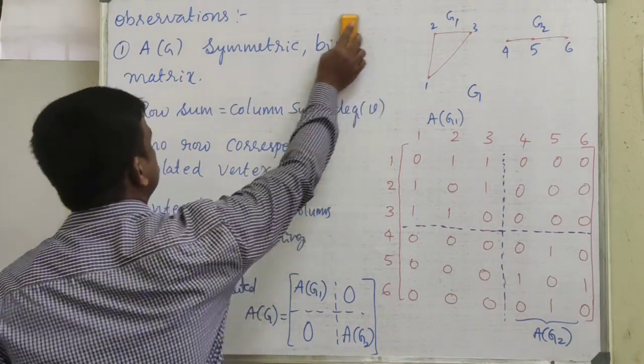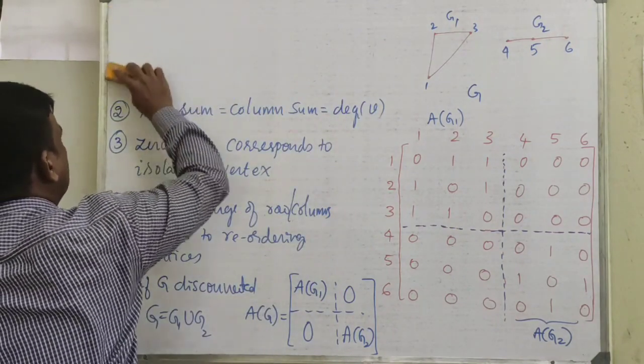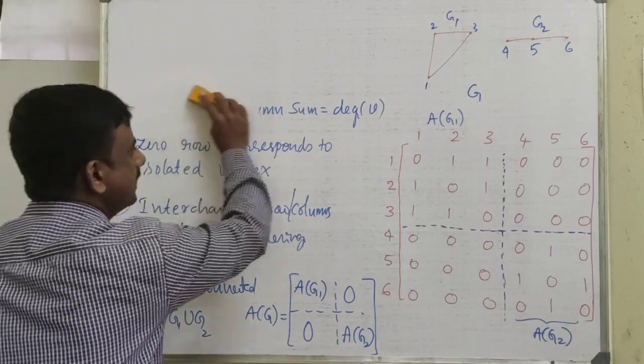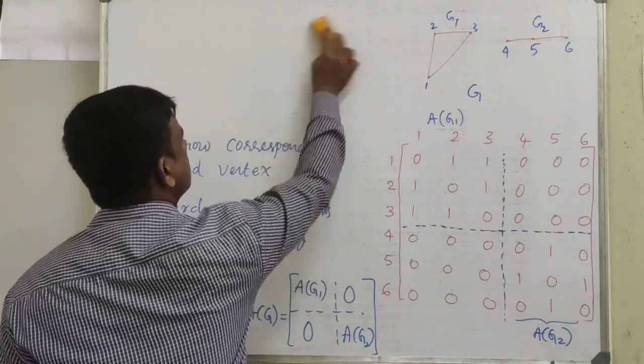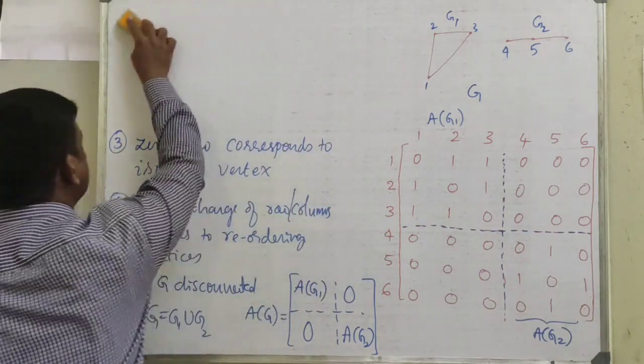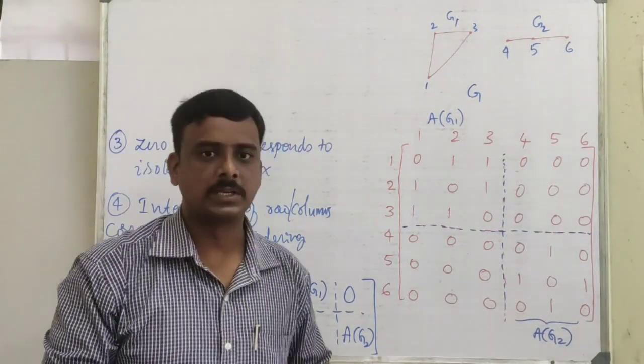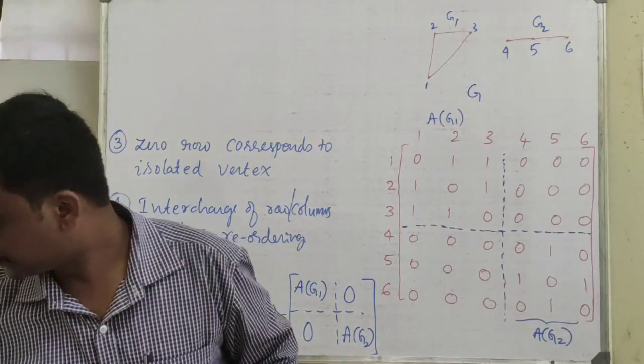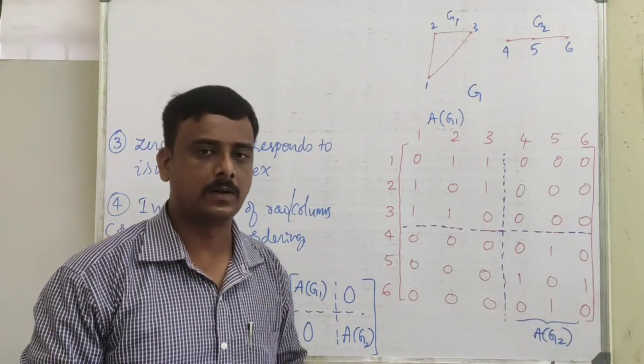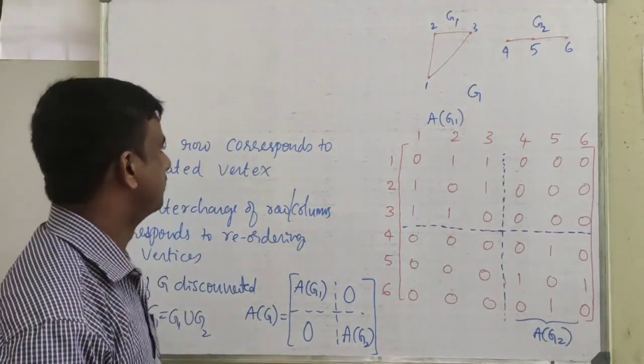Next, the 6th observation. In the previous class we discussed isomorphism of graphs, the definition and examples, and how to check isomorphism.